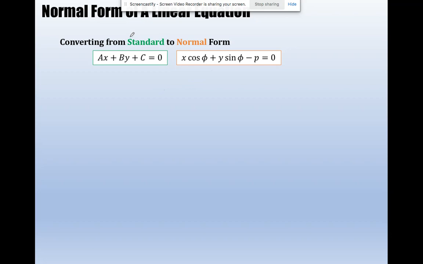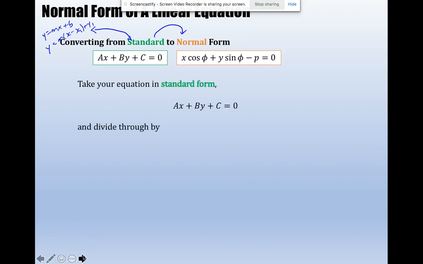So remember, this is why an objective in a prerequisite class was if you have point slope or slope y-intercept, you need to get to standard form, then you can go to normal. So take standard form, use Pythagoras on A and B.